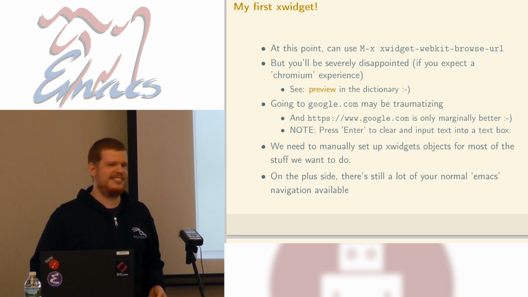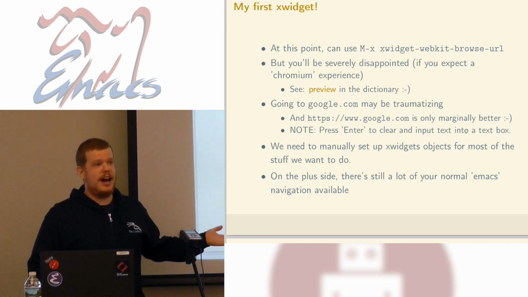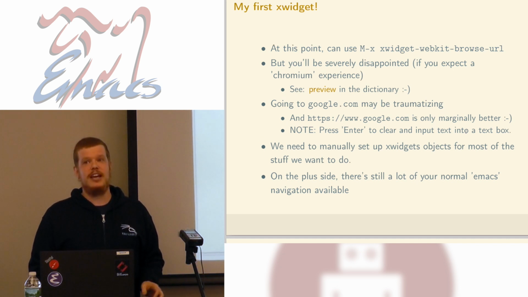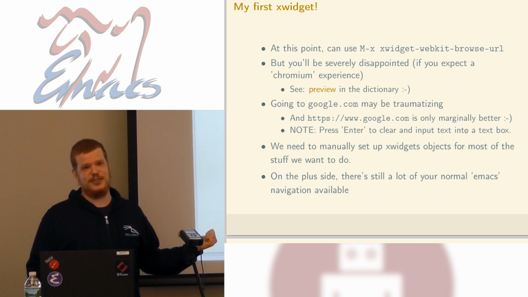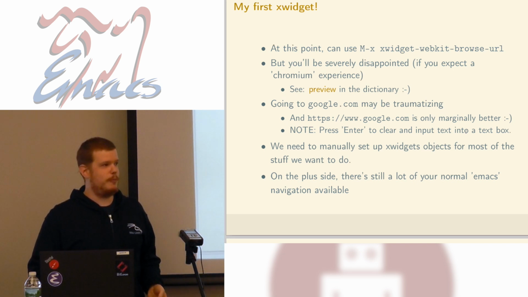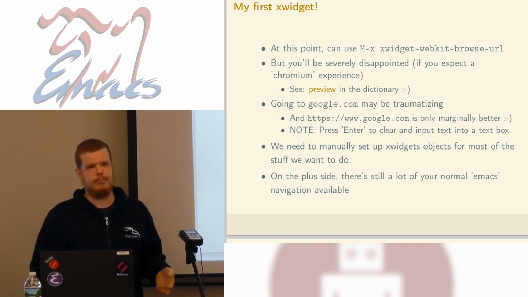That's my challenge. On the plus side, though, sometimes people really get upset because they can't use Emacs key bindings in their browser. Some of them actually work in here. So you can scroll through with your Control-V and Meta-V, or if you've rebound scroll up and down, you can use those keys. They have some other mode-specific keybinds, G, R, Control-M, those kinds of things.